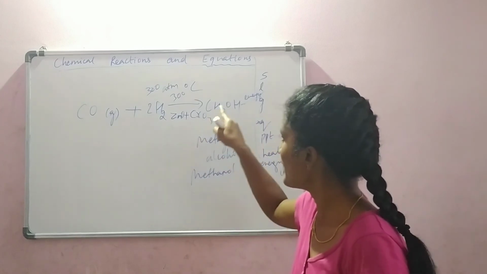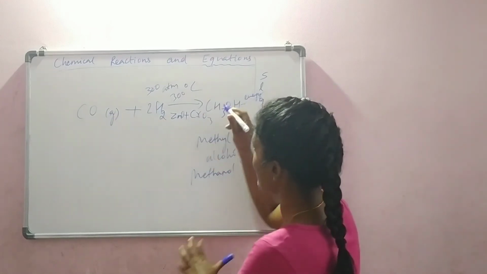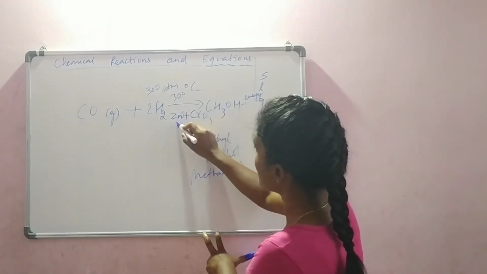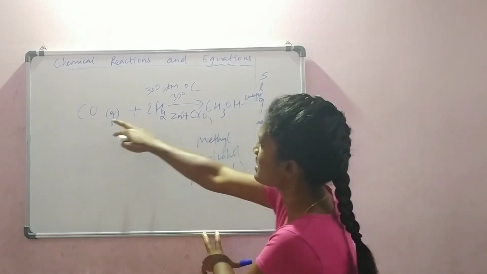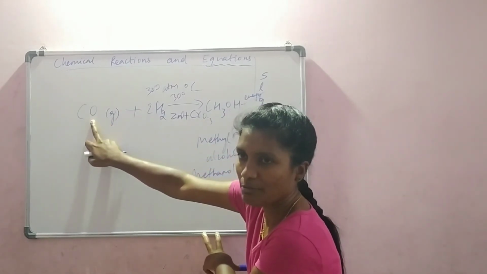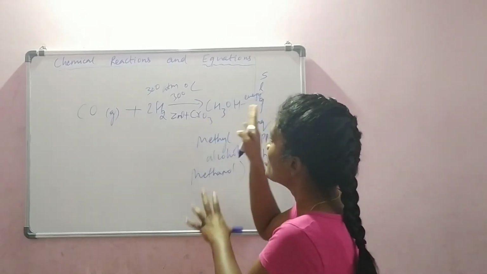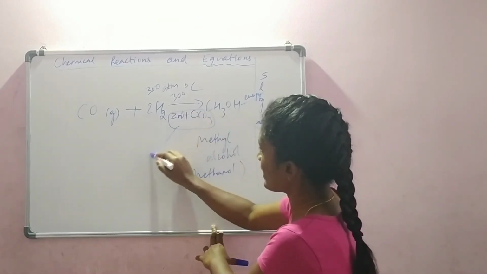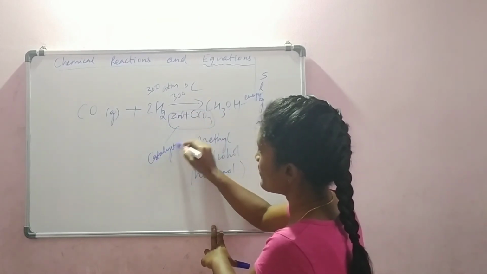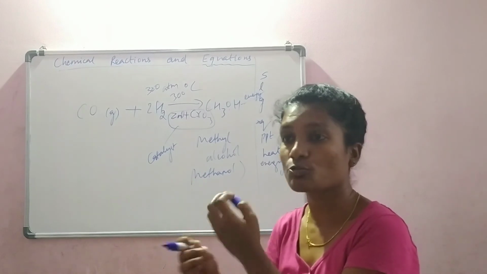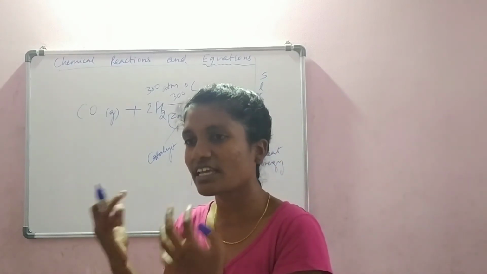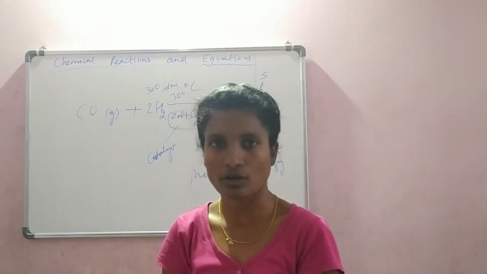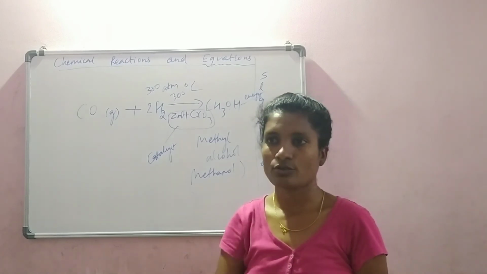They don't combine with the product or with the reactant. Can you see any chromium coming here, zinc coming here? The oxygen is coming from the carbon monoxide, not from this. So this is called a catalyst, which speeds up the reaction or makes the reaction happen in a proper way. Okay, got it? So let us start a new session.